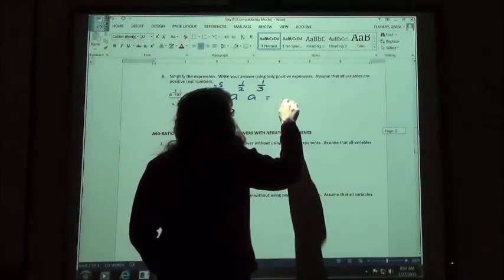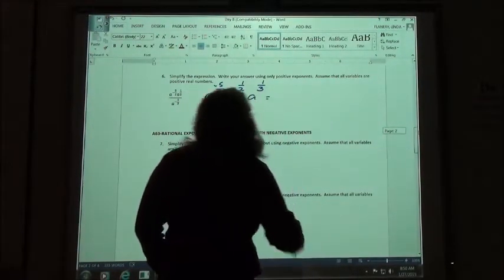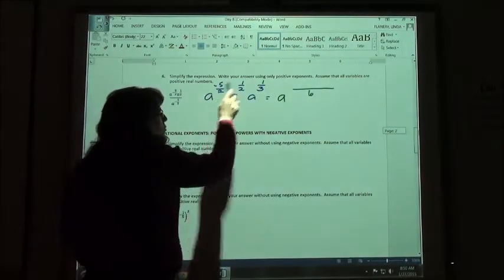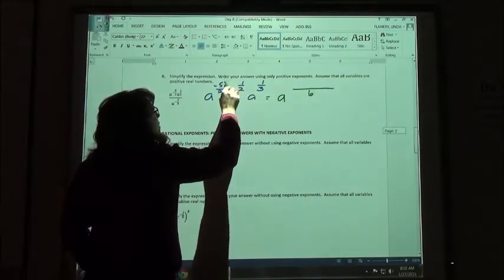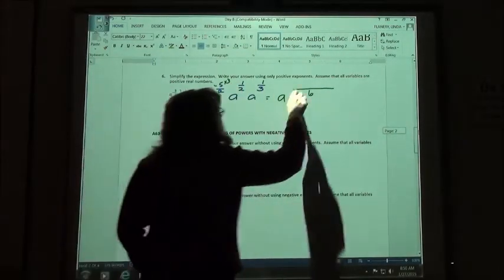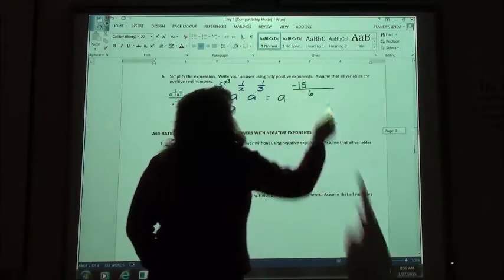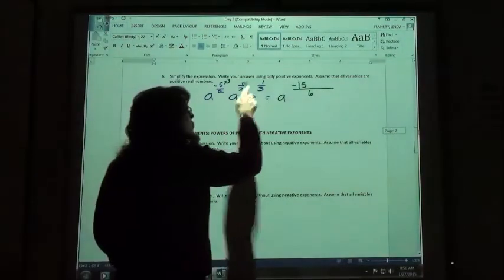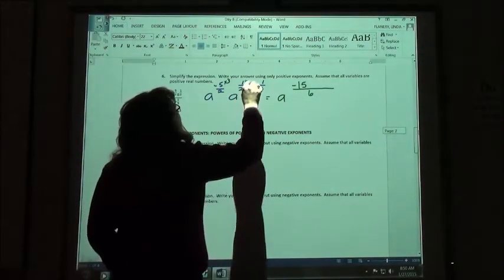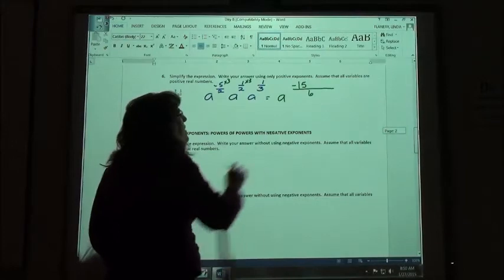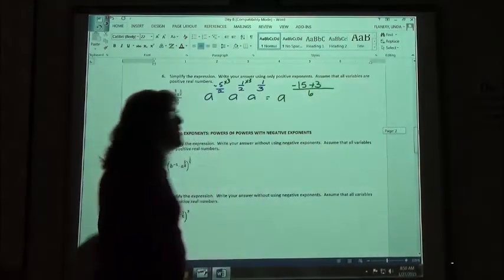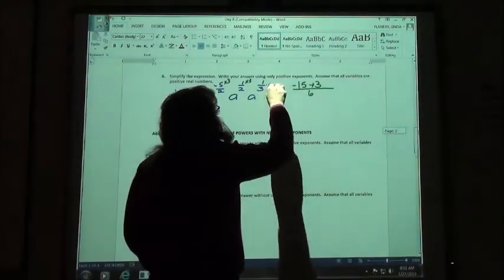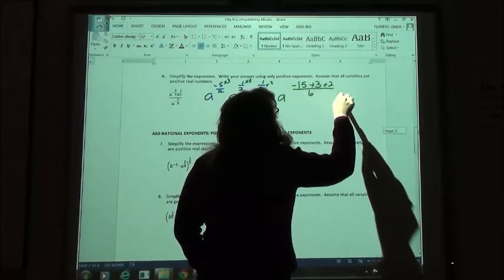My common denominator would be? I'd say 6. So 2 goes into 6 three times, 3 times negative 5 is negative 15. 2 goes into 6 on the second fraction, 3 times the 1 is 3, and then 3 goes into 6, 2 times the 1 is 2.